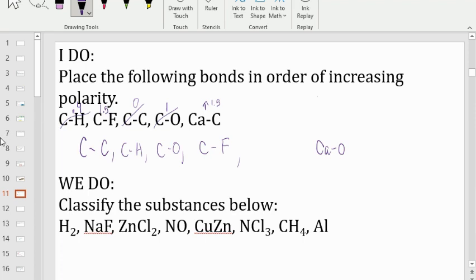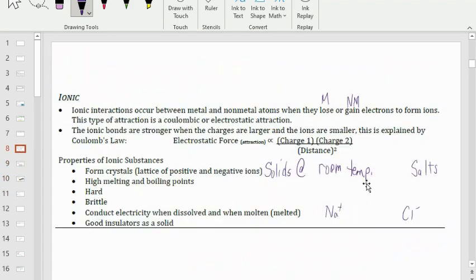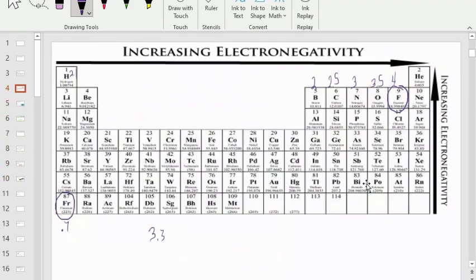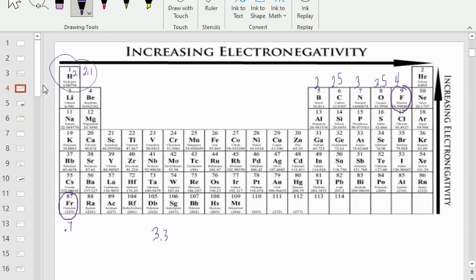I have them memorized. It just goes down by 0.5. I told you guys in regular chem that the ones I wanted you to memorize were fluorine and hydrogen. So if you know fluorine is 4, it just goes down by 0.5 across. And then this guy is 2.1. So you really only have to memorize 2. That one right there and this one. Because the rest of these you can get just by subtraction.